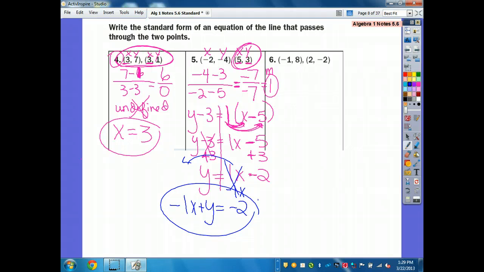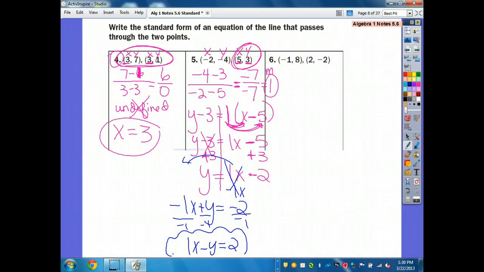No. Ooh, impressive. Why not? Negative x. Right, I still have a negative x here. I can't have a negative, so I divide everything by a -1. Changes the sign, so my final answer is now what? 1x minus y equals positive 2. Now we're done.